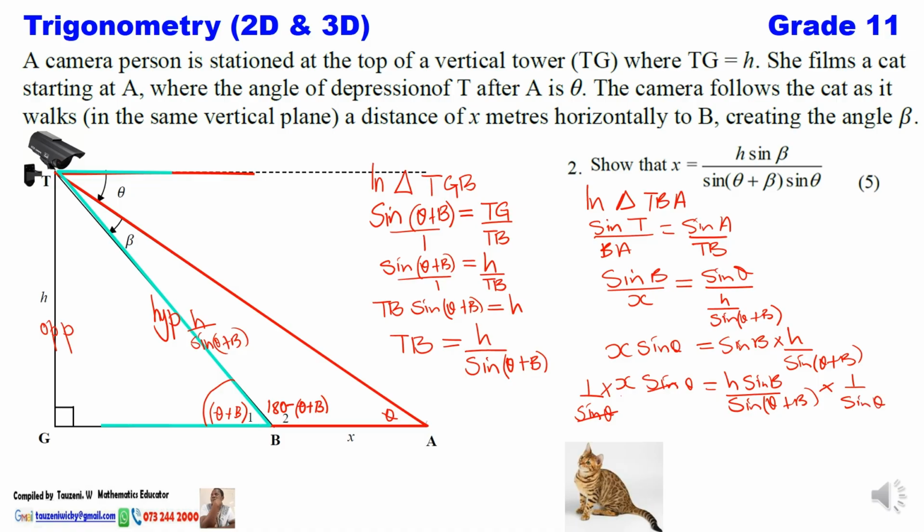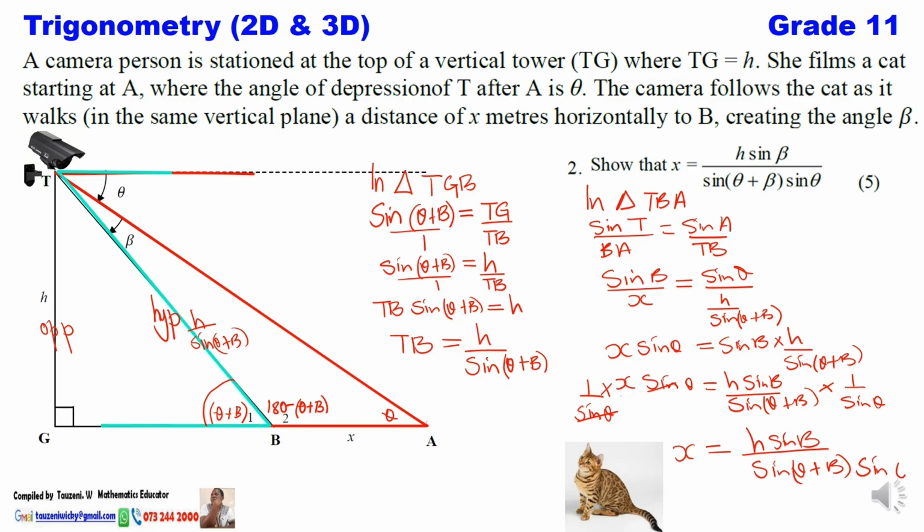Now we have got x on the left is equal to h multiplied by the sine of beta divided by the sine of theta plus beta multiplied by the sine of theta.